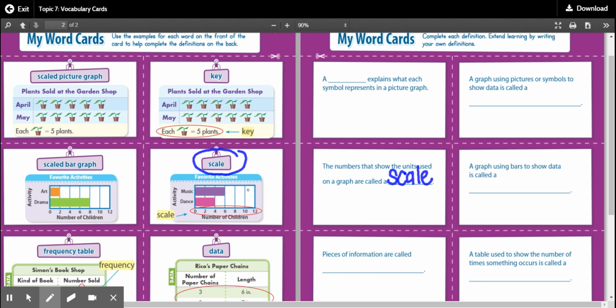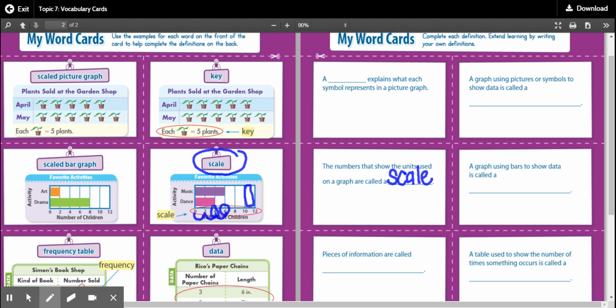Each one of these bars represents 2 children. You can see it goes from 0 to 2, 2 to 4, 4 to 6. So it's almost like a number line. Each one of those units, though, represents 2 children. So if you were going to be counting, you could see that music for favorite activity, that's the favorite activity for 6 children. And dance, that's the favorite activity for 4 children. So the units in this particular activity, that's a scale of 2.